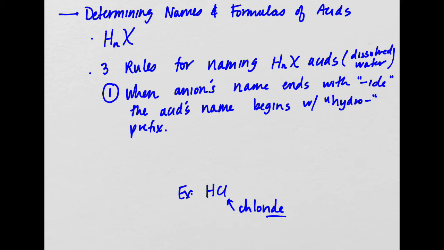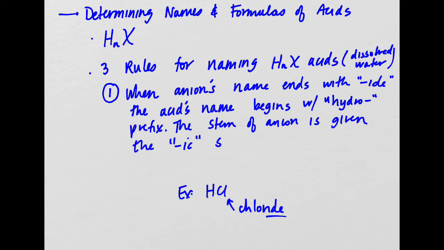So let's write that out and then talk about it. The stem of the anion's name, meaning the chlor part of chloride, is given the ic suffix plus acid.